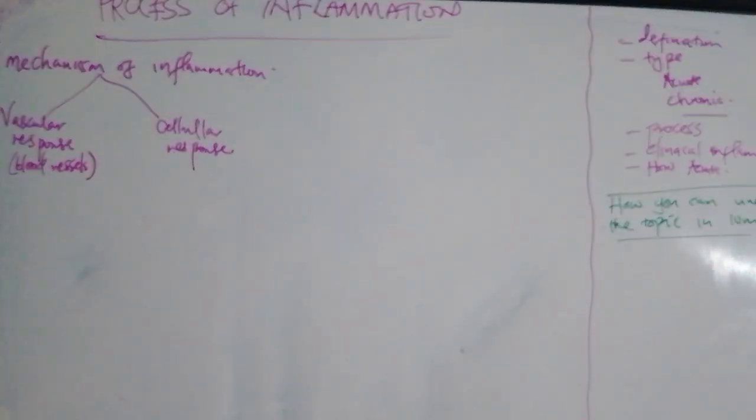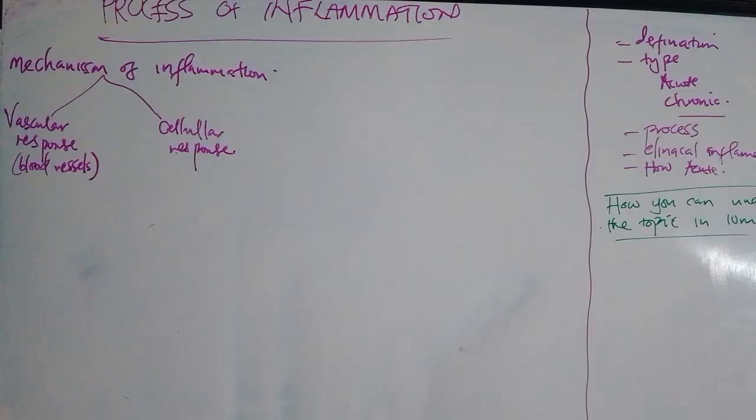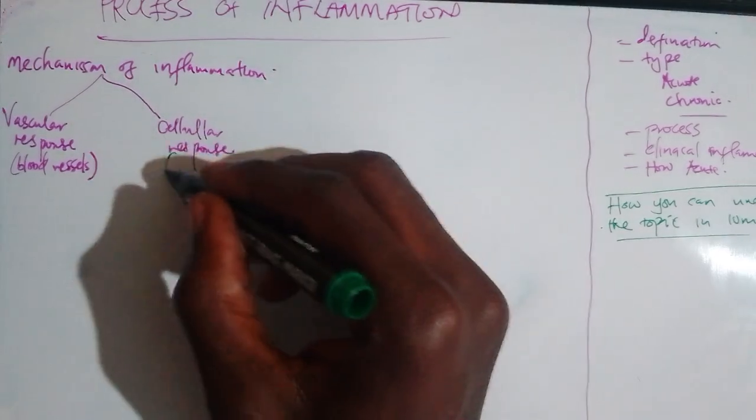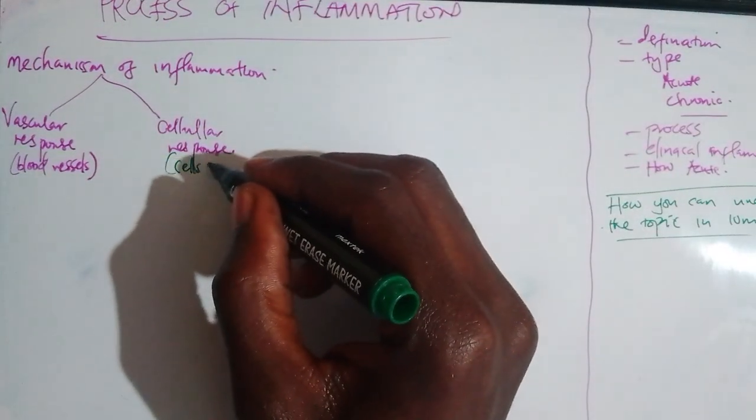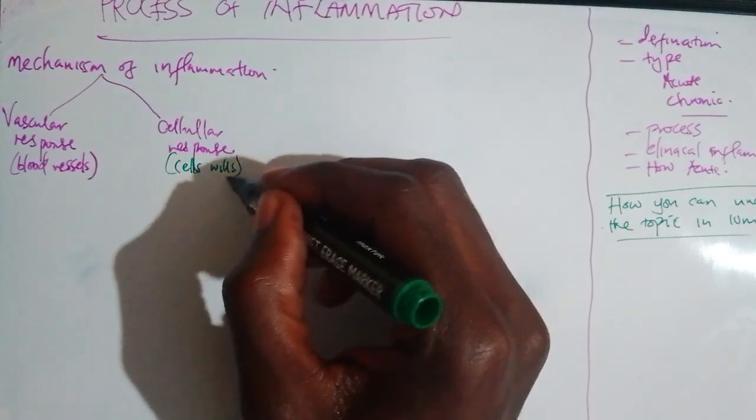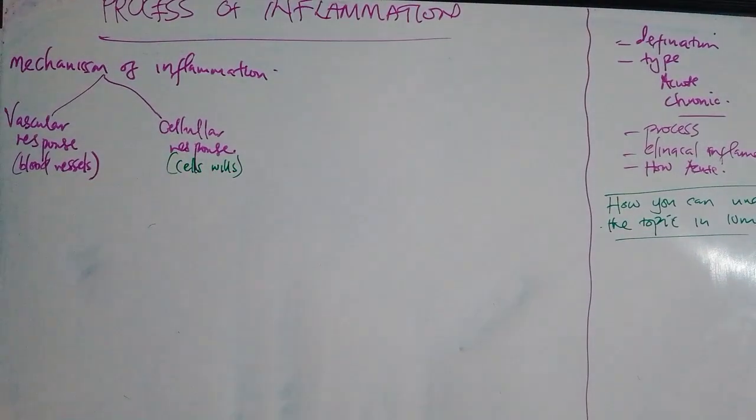Then, when we talk about cellular response, this is how the cells inside the blood vessels will respond to injury. Because we say that the white blood cells are the ones which are responsible for eliminating the pathogens, and the white blood cells, basically the neutrophils.